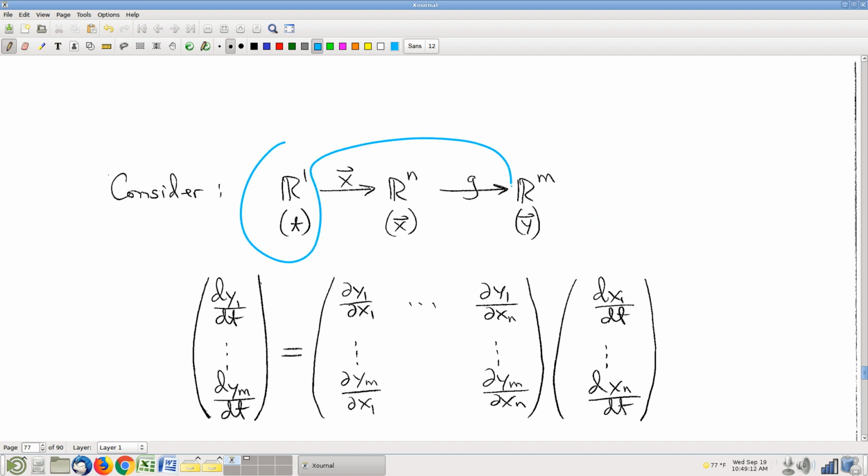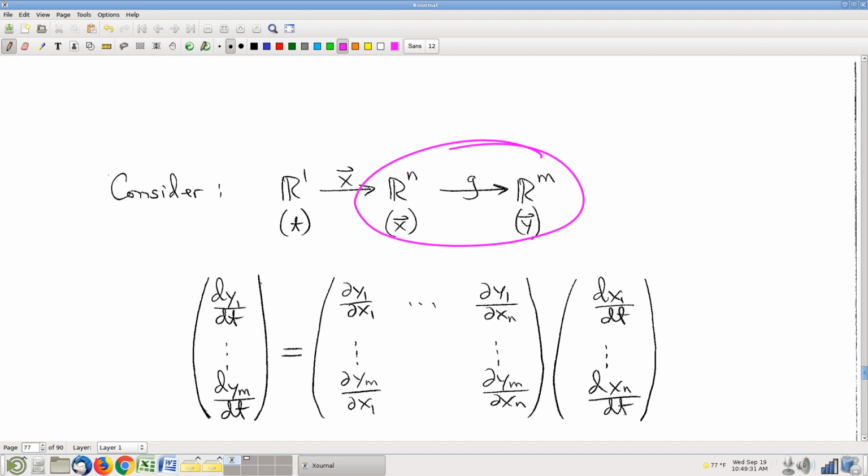For the composition here, G compose X, in that composition, there's only one input variable, and so only one column. And then, of course, for this function, there's several inputs and several outputs, so we have a matrix there.